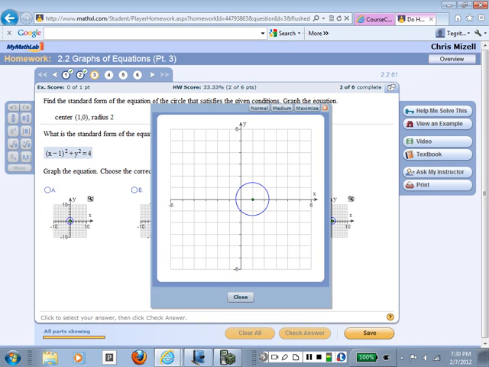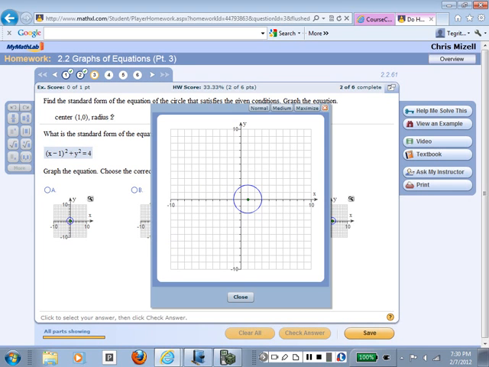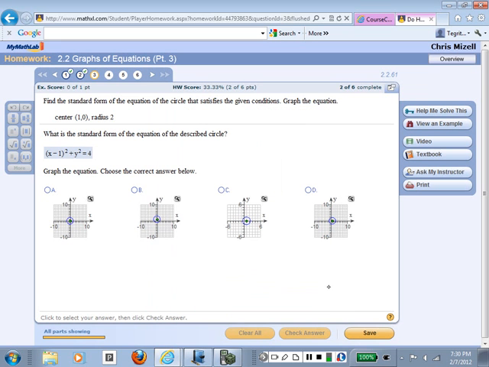I think what they've tried to do is draw it so that the radius length is the square root of 2. I don't think this is the correct answer. What about this? Because it tells us the radius is 2. So does this look like the radius is 2? Yes. From the center, you go 2 units to the right, 2 units up, 2 units to the left, 2 units down. So that looks like it would work a lot better.